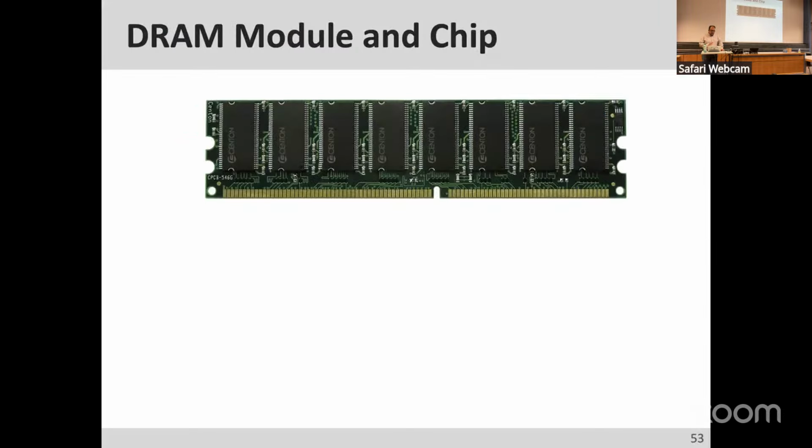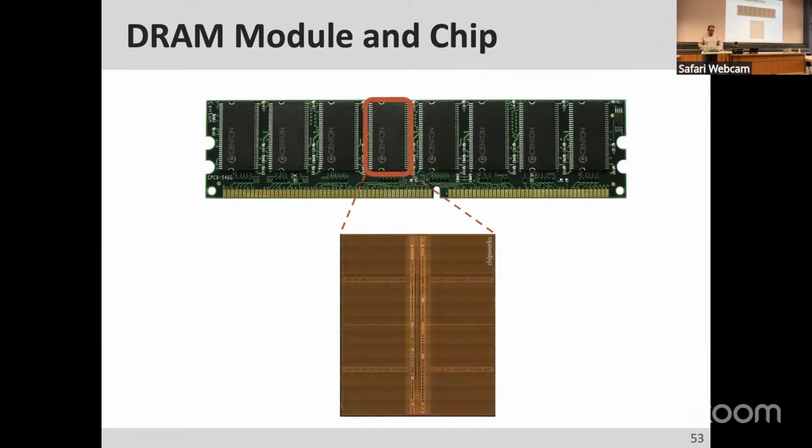I think you already got some background on DRAM when we were discussing processing using DRAM. Just to jog your memory, this is a DRAM module or DRAM DIMM, and each one has several DRAM chips on a module.